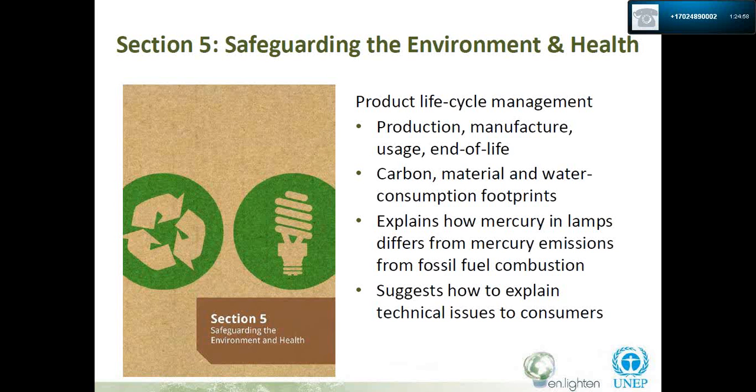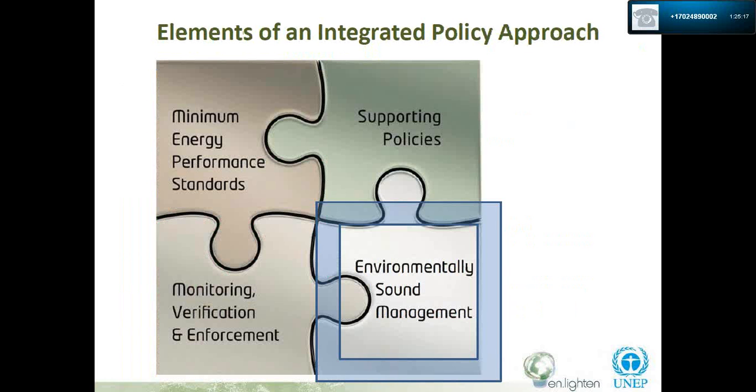We do address the issue of mercury in lamps and how mercury in lamps is a somewhat different issue from mercury emissions from fossil fuel combustion. And this chapter has many very practical suggestions on how to explain these difficult technical issues to consumers. Next slide. Next slide.